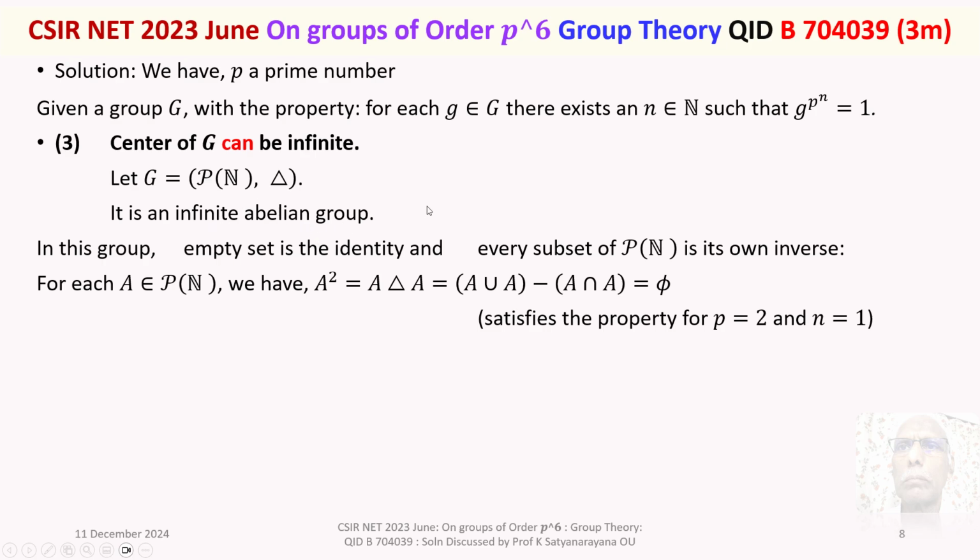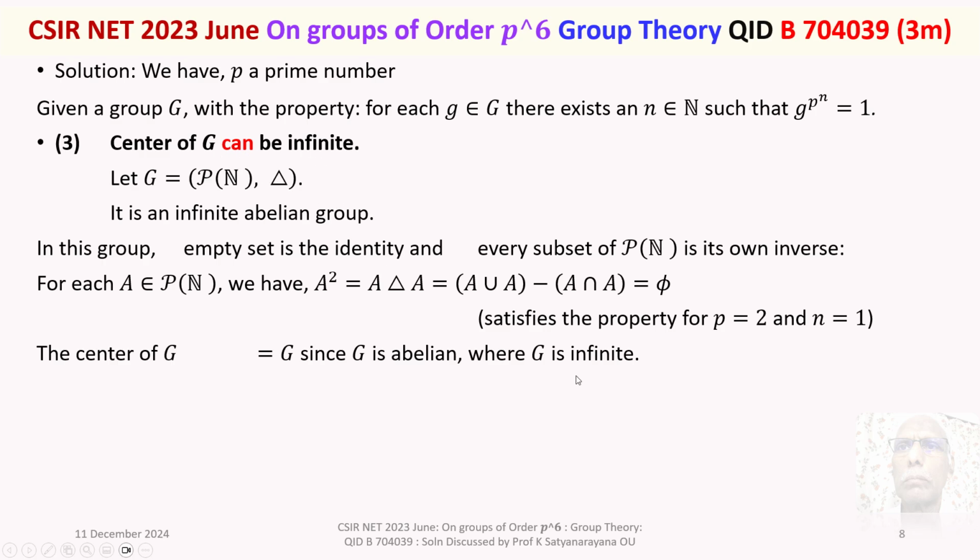And what is its center? The center of an abelian group is itself. Now the center of G is G because G is an abelian group, and G is infinite, therefore the center of G is infinite.